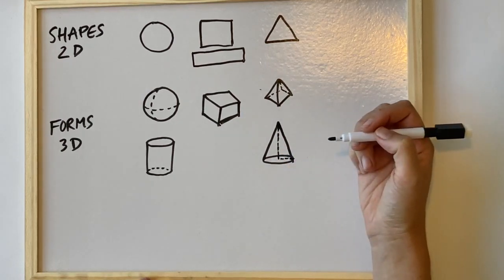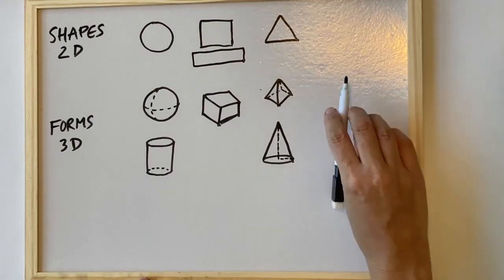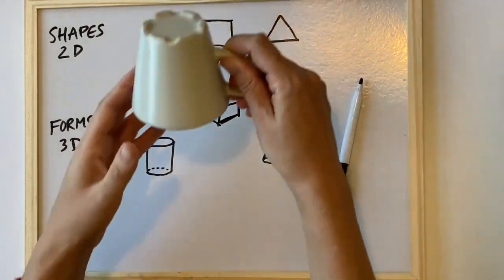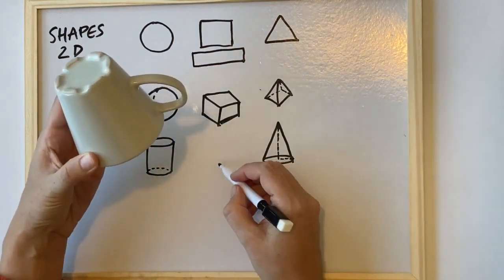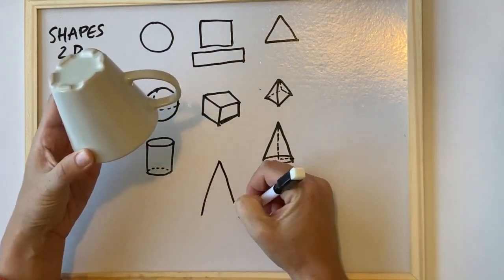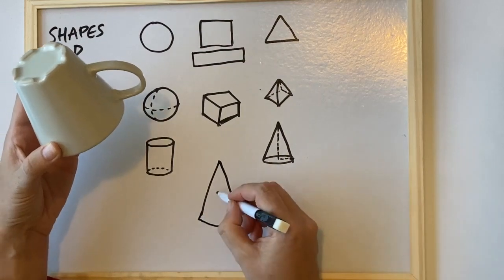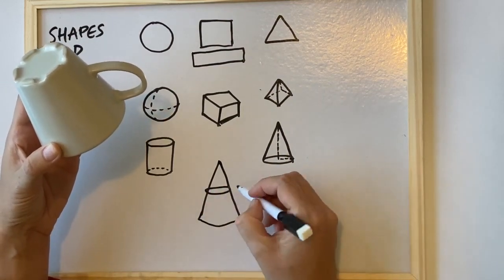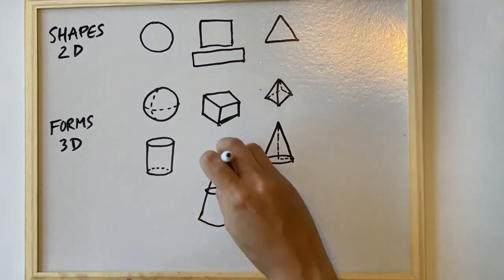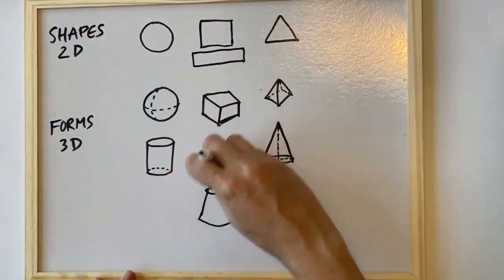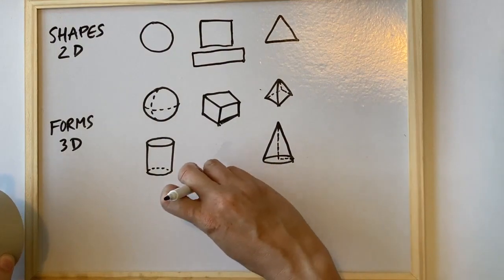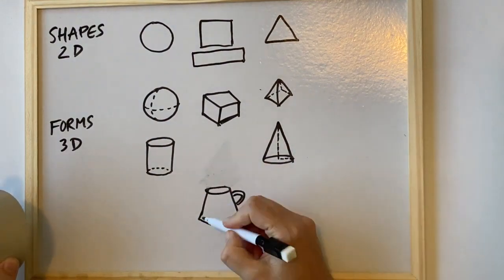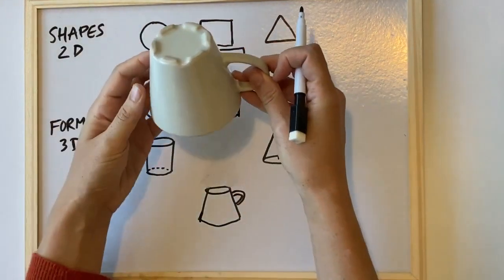Now, things in your house might not be cones, but they might be partial cones. Like for instance, this mug here, if you drew a cone, and then erase the top part, get this shape.